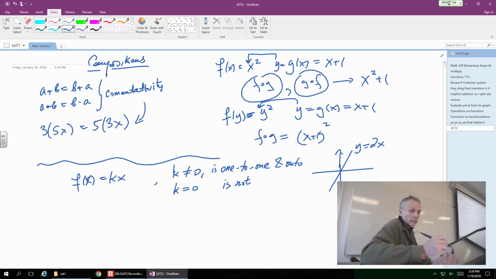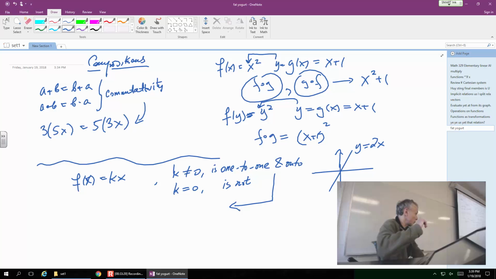Another way to describe one to one onto is bijection. Yes, one word that gives you one to one and onto.